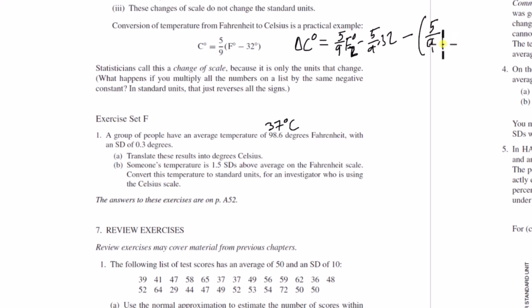5/9 F2 minus 5/9 F1 minus 5/9 times 32, and then these go away. So what you end up getting is 5/9 and then delta F. Delta C is just 5/9 delta F. So this is the delta F, right? 0.3 degrees. So we don't add or subtract the 32 is all.